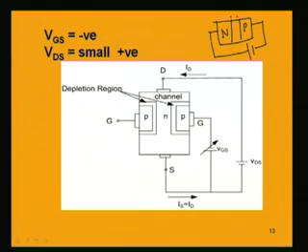So now when this depletion region increases, here also it will be increasing to a broader level. Then what will happen is that the channel width will be narrower and narrower.